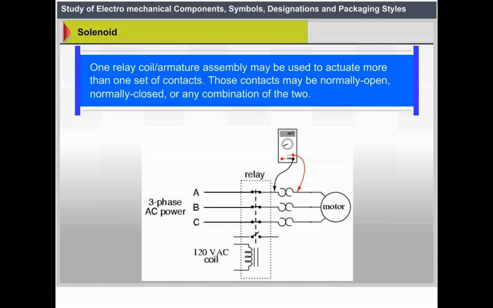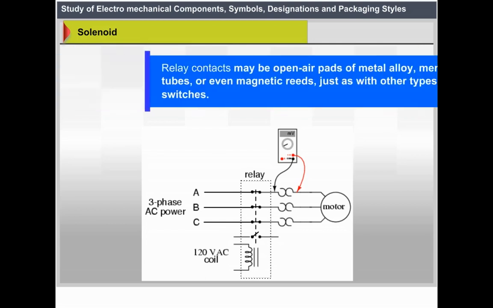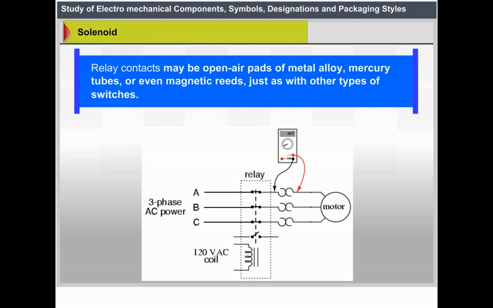One relay coil or armature assembly may be used to actuate more than one set of contacts. These contacts may be normally open, normally closed, or any combination of the two. Relay contacts may be open air pads of metal alloy, mercury tubes, or magnetic reeds, just as with other types of switches.